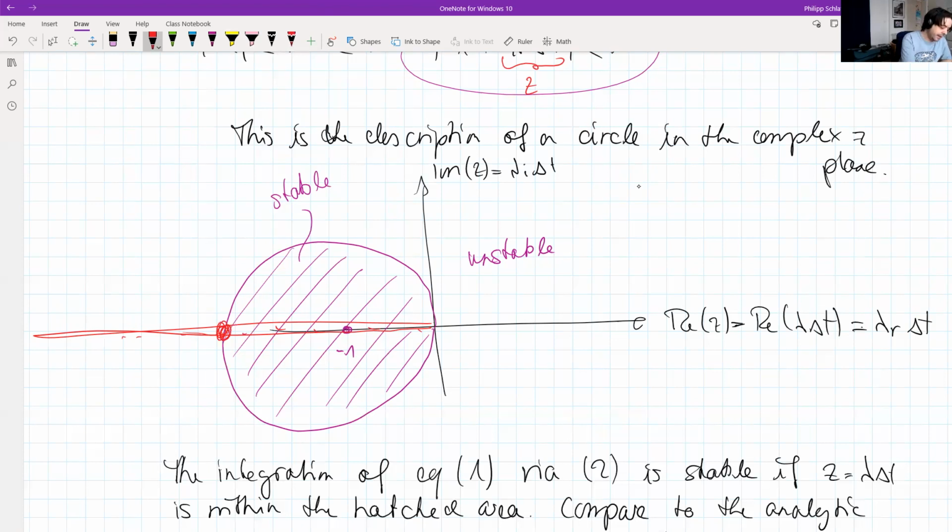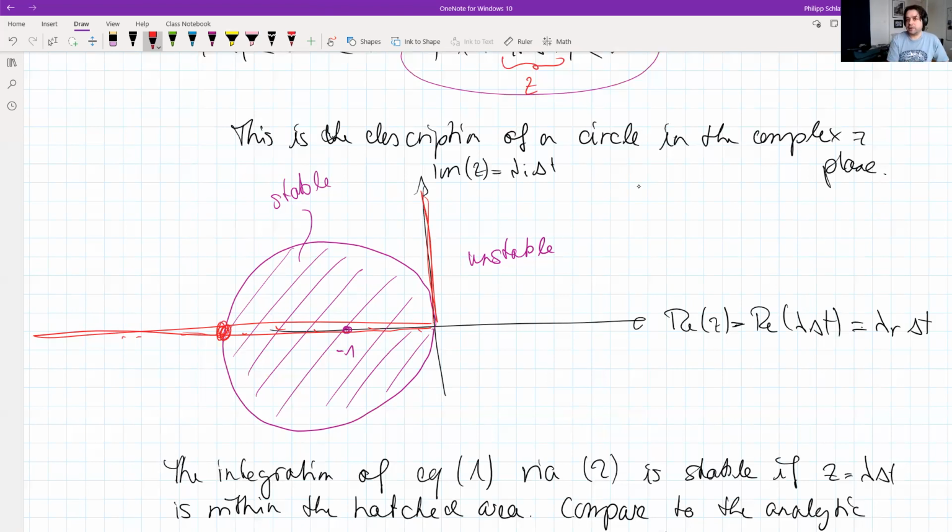At the same time, if my lambda is imaginary, so if we're along the vertical axis, well, then actually the situation is a little bit more difficult. It would actually indicate that there is no delta t that makes it possible to actually end up in the circle, except delta t being 0, because that's a circle that touches the origin just in 0, 0.